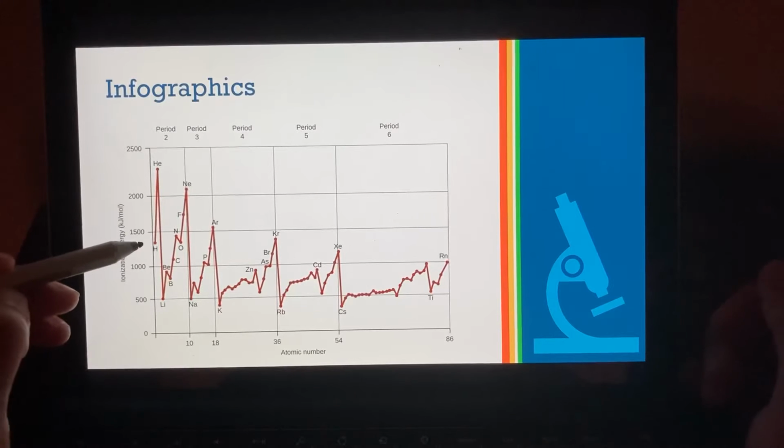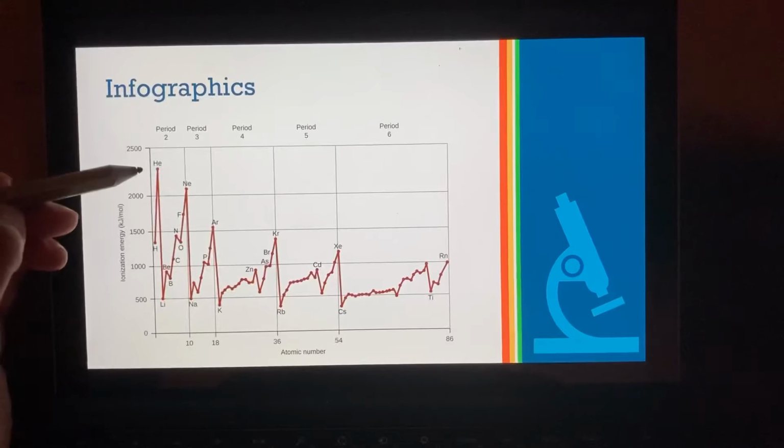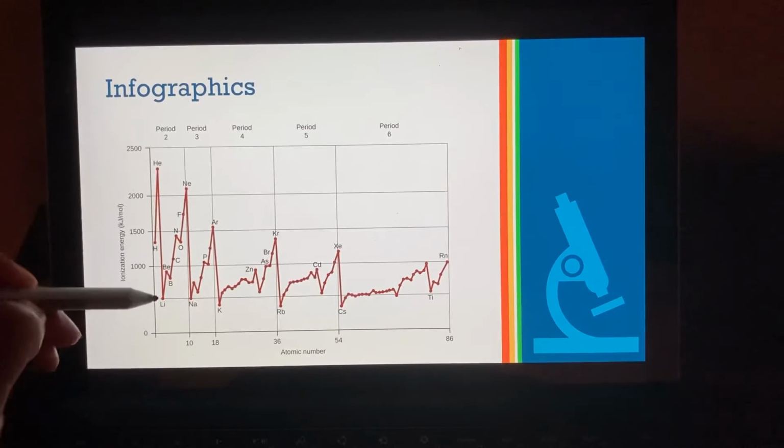As you can see here, hydrogen is down here, so it has low ionization energy, and helium is up here and it has high ionization energy, followed by the next element down here, which is lithium. Again, it has low ionization energy.